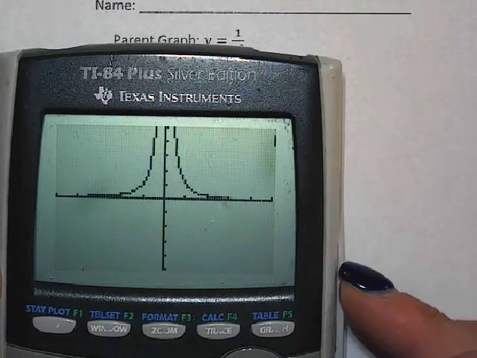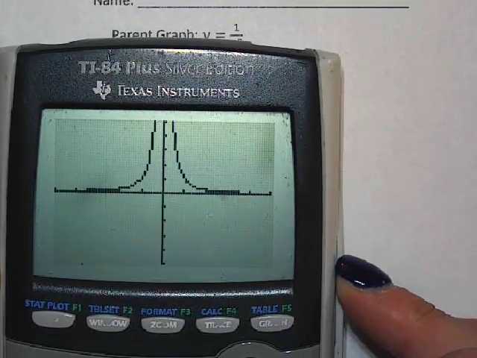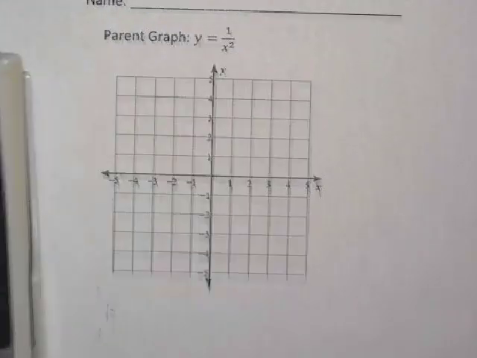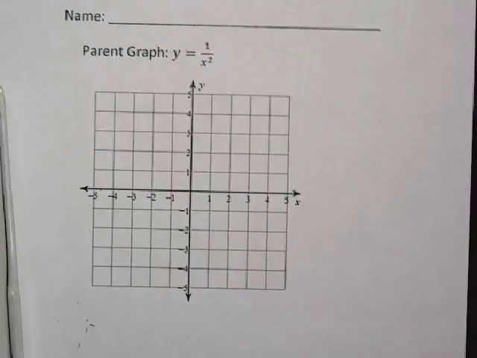Okay, so when you graph it, it looks like this. So what we're going to do is go ahead and draw in the asymptotes.